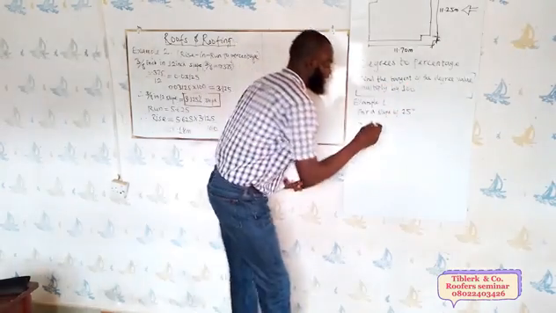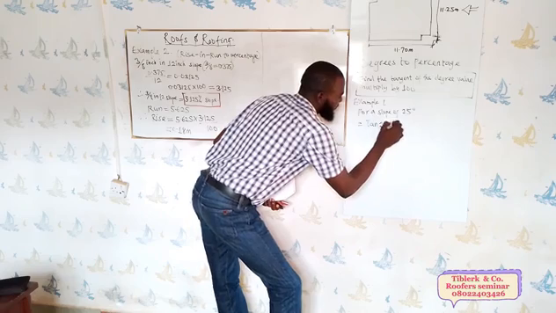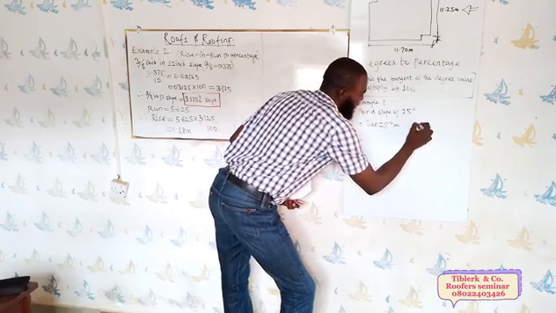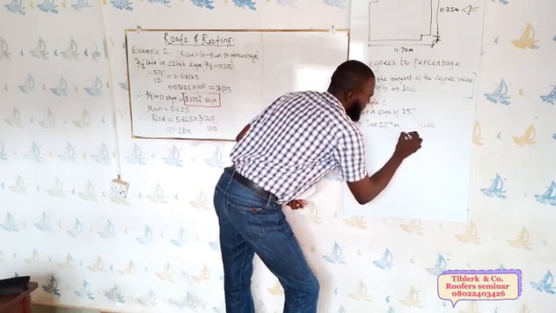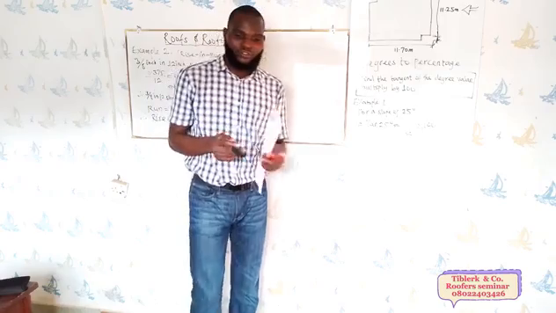That is, it will be tan 25 degrees. Whatever we get, times 100. That was our answer. So tan 25 will give us what?